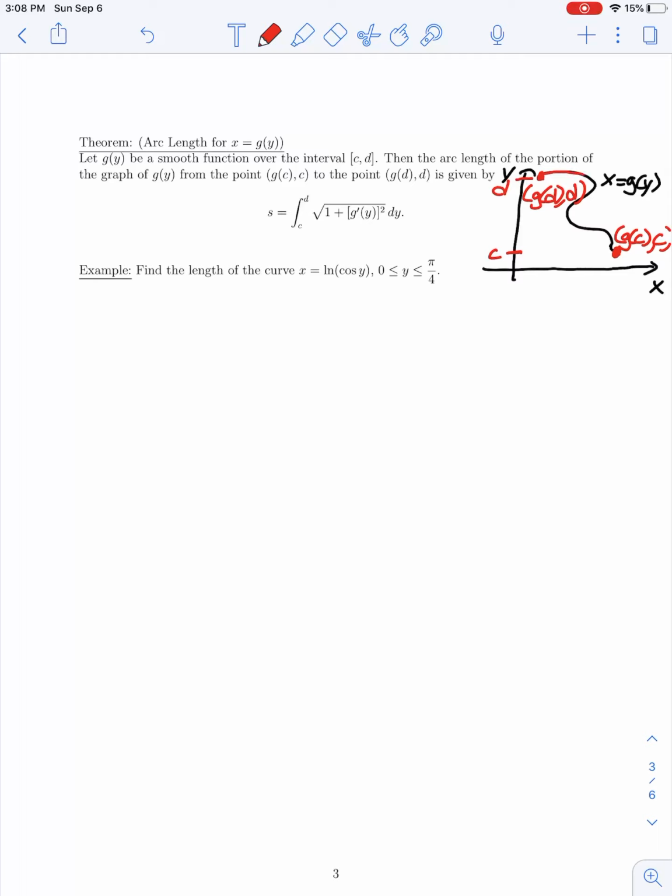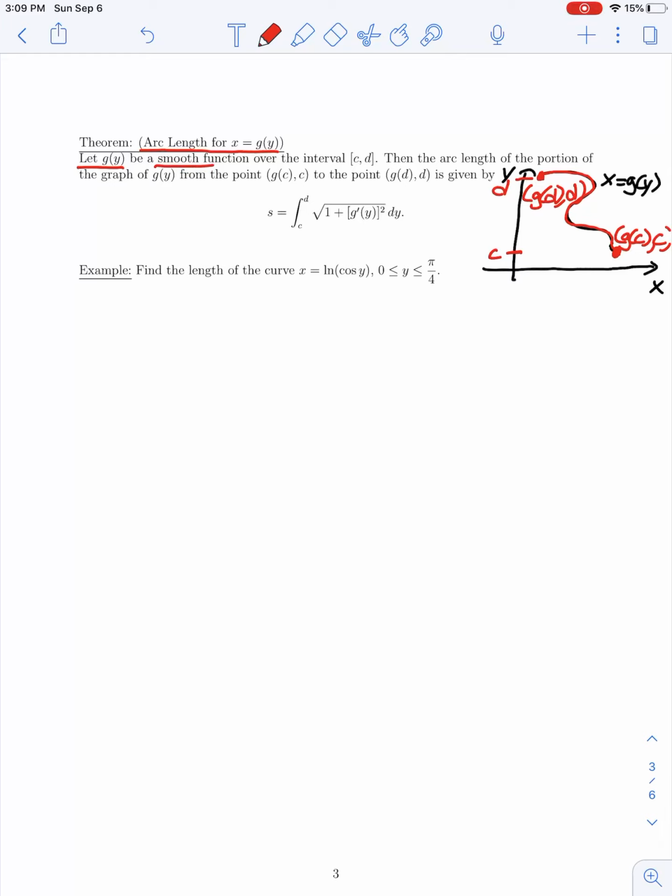And we want the length of this graph between those endpoints. So using a similar approach to what we did when we derived our formula for arc length of a function of x, we arrive at the following theorem, which is an arc length for a curve which is a function of y. So here's what it says.